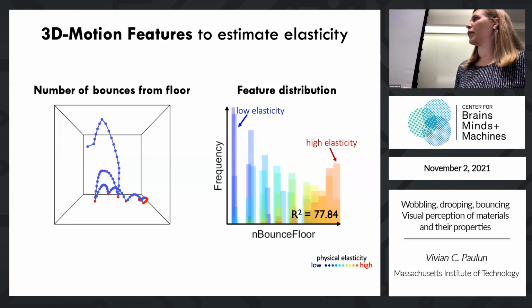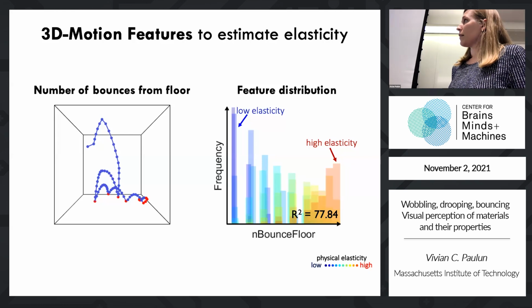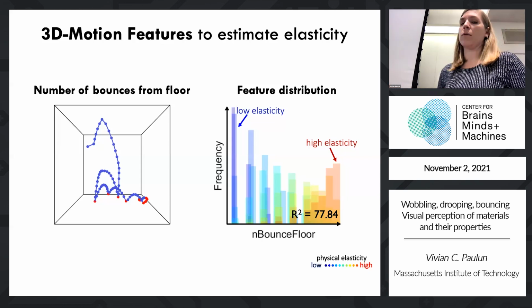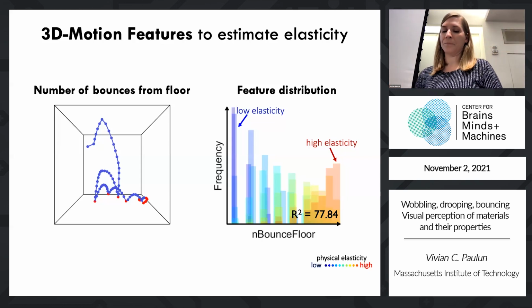And that's what you see here. This is again 10 different histograms with the physical elasticity color coded. And the fact that we see this color gradient from blue to red shows us that the number of bounces really systematically varies with elasticity. And in fact, both variables share almost 80% of the variance.